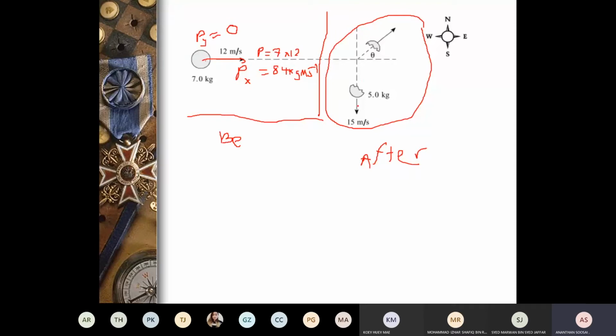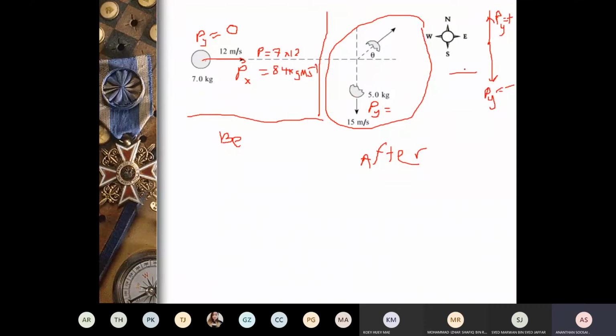After the collision, look at this 5 kg fragment. Its momentum is going down, which is the y component, vertically. Because the momentum is directed downwards, we consider it negative. If py is upwards, the momentum is positive; if py is directed downwards, py is negative.